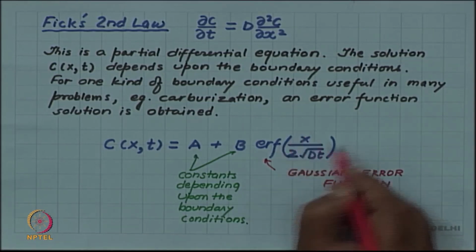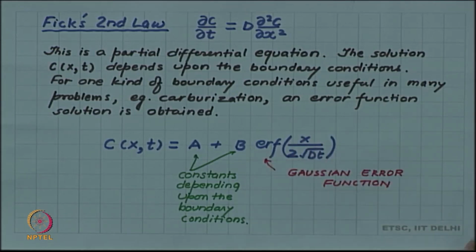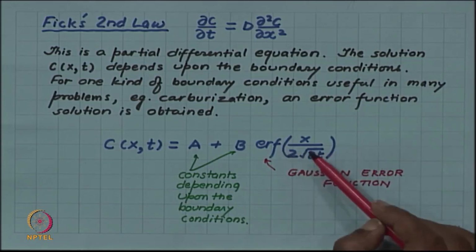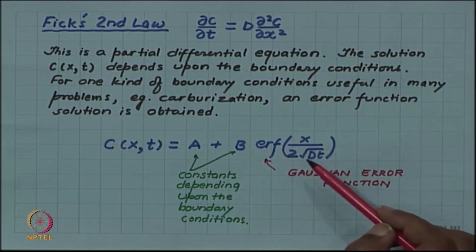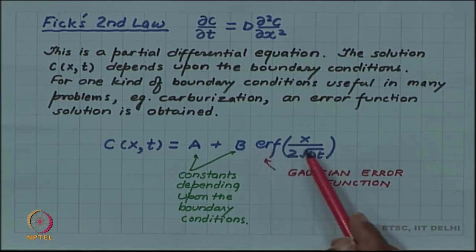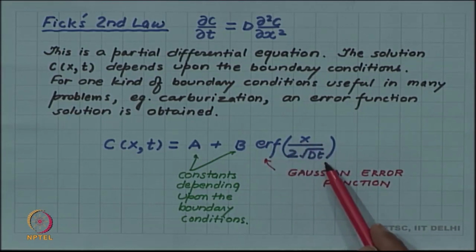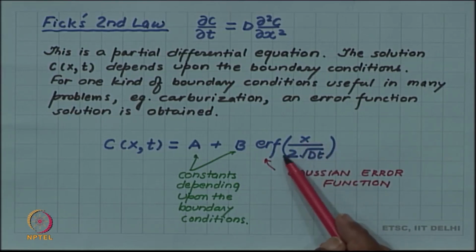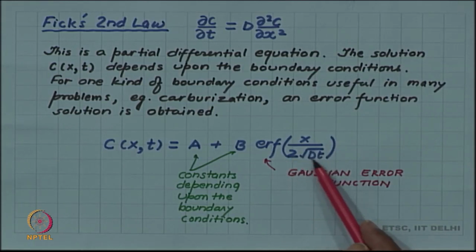So, this whole thing inside the bracket is the argument of the Gaussian error function. It's just like a function such as sin theta or cos theta, which for any given argument theta can be evaluated. Similarly, the error function can be evaluated for this value of the argument. The argument is x by 2 square root of Dt, where D was the diffusion coefficient.